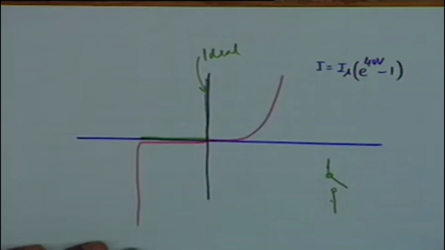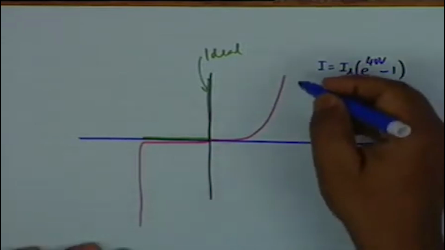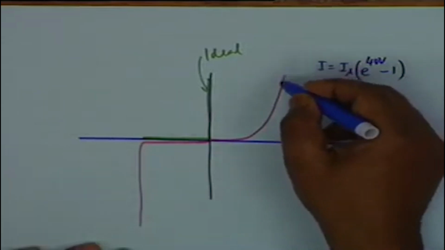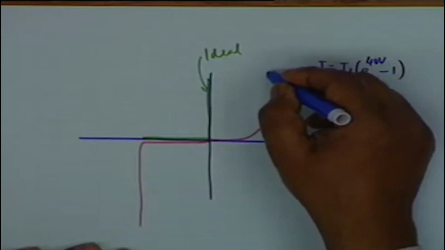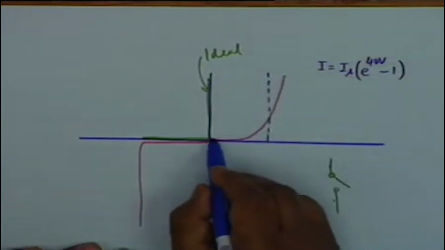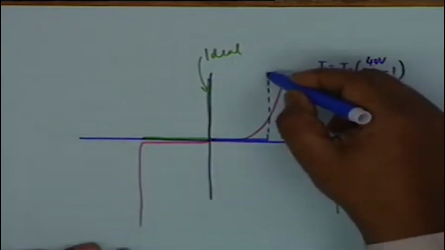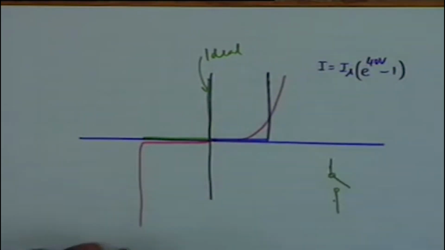Now one of the ways that a non-ideal situation can be taken into account is to approximate this by means of a straight line, a vertical line here. So we say the current is 0 up to this and then goes up like this.